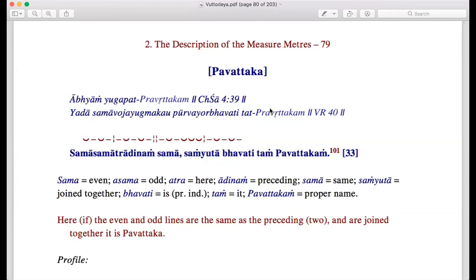Like the sama line and the visama line of the previous verses are joined together in this verse. So atra should be connected as at sangyuta, or actually at sama also we can connect it. Okay, thank you, Bante.